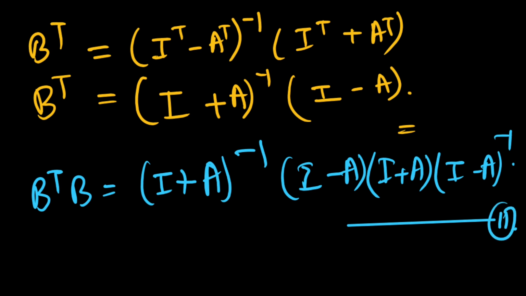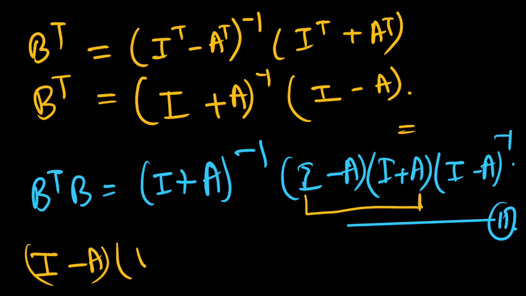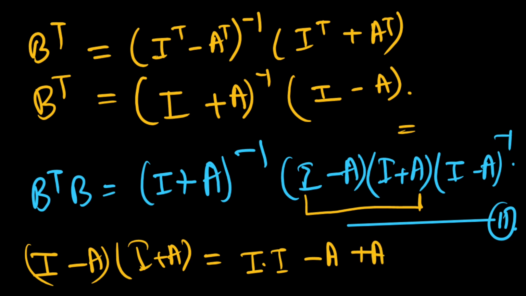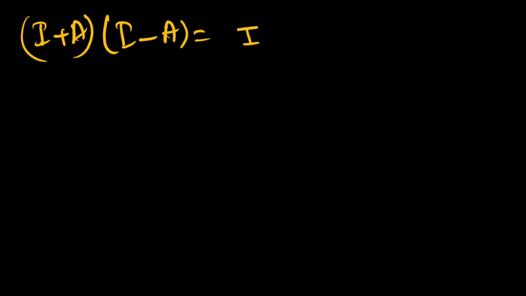Now we check whether this matrix is commutative or not. Now we want to check I minus A and I plus A. If we multiply this, that is I dot I minus A plus A minus A square, which equals I minus A square. Second, we check I plus A multiplied by I minus A. That is I dot I plus A minus A square.